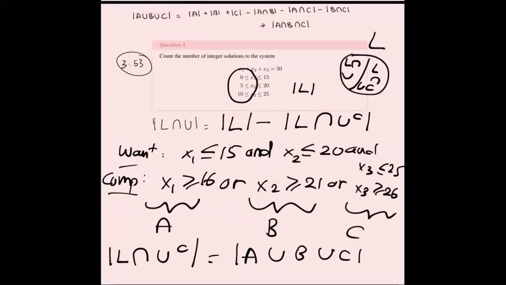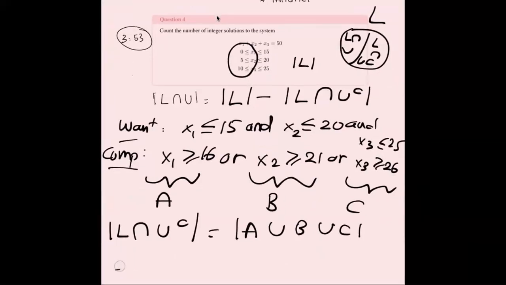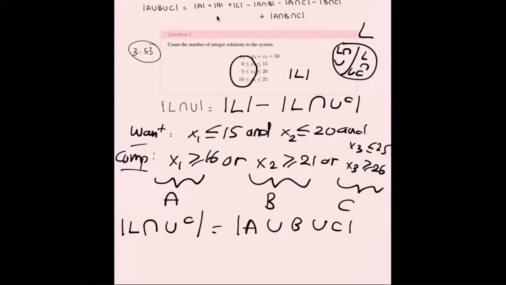This part here, I will not go over every single term, but I will go over, let's say 3 terms, and then you can imitate what I did to produce the same result.